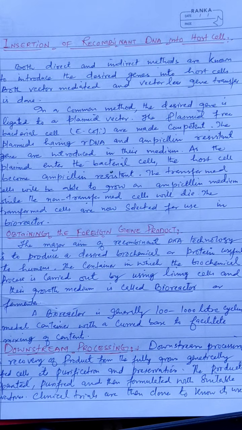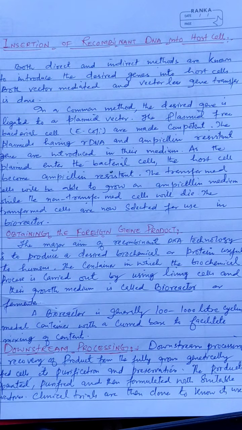Indirectly, we introduce this desired DNA fragment into a vector, that's a vehicle DNA or a carrier DNA, and we insert this desired gene into that vector, which is also called a passenger DNA, to make a recombinant DNA. This is the indirect method where we use a vector.